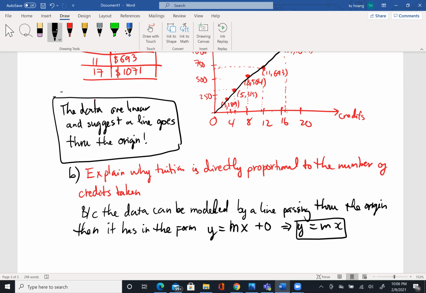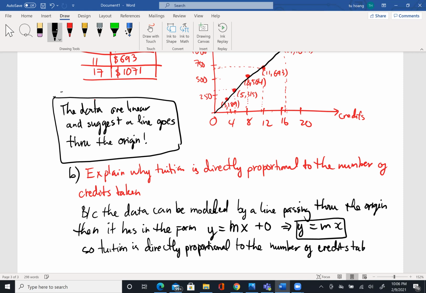We want it to look like this. So tuition is directly proportional to the number of credits taken.